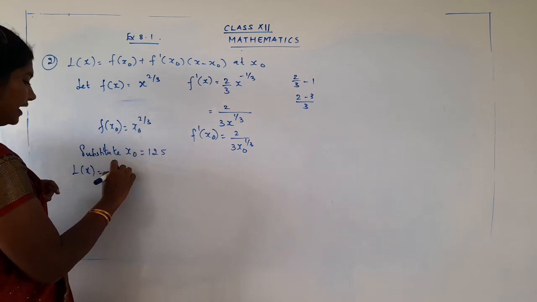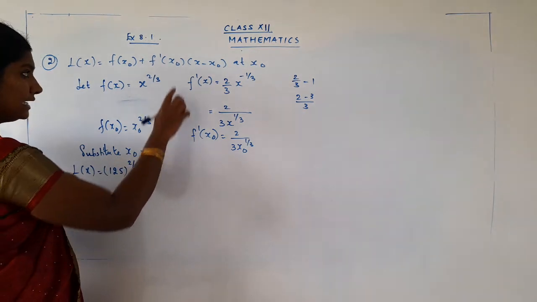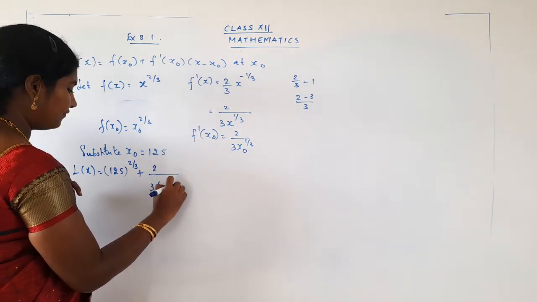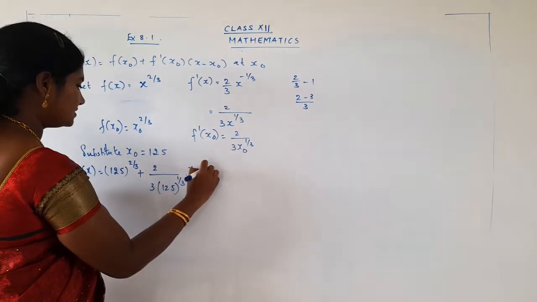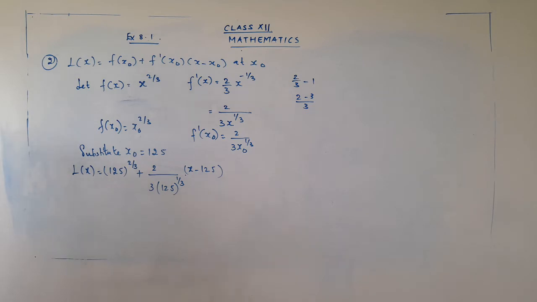So 125 raised to 2 by 3 plus f dash x naught, that is 2 upon 3, 125 raised to minus 1 by 3, x minus x naught. So x minus 125. I get L of x as 125 raised to 2 by 3 plus 2 upon 3, 125 raised to minus 1 by 3, x minus 125.